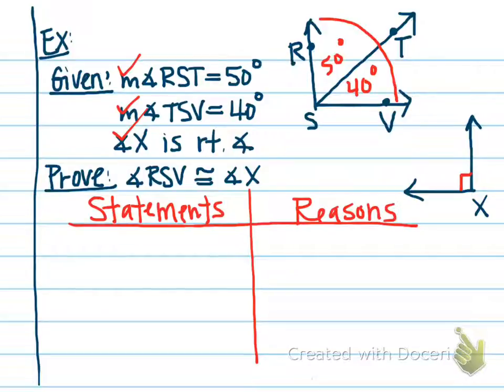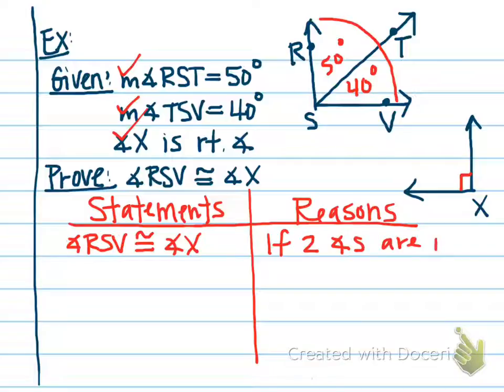But now we can state our proof statement, which is that angle RSV is congruent to angle X. The reason being because of that first theorem that we learned. If two angles are right angles, then they are congruent. And there you have it.